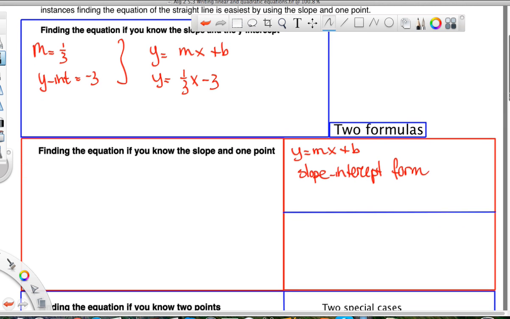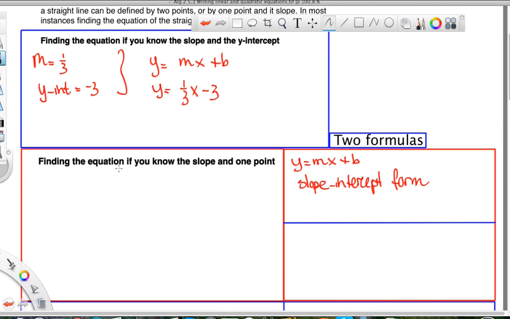Okay, what if you know the slope and 1 point? So let's use the same slope here, and let's say that the point that you're given is 6, 4. Well, you can still do the same thing as you did over here.